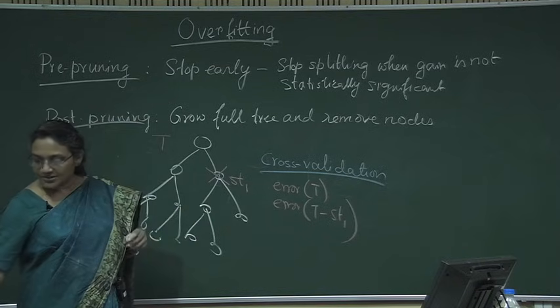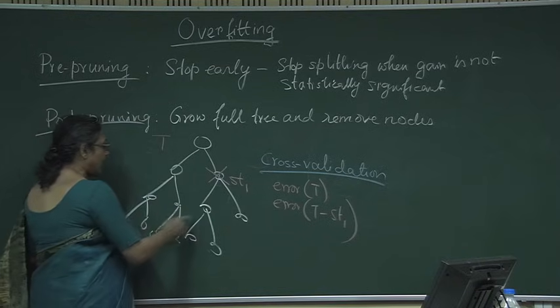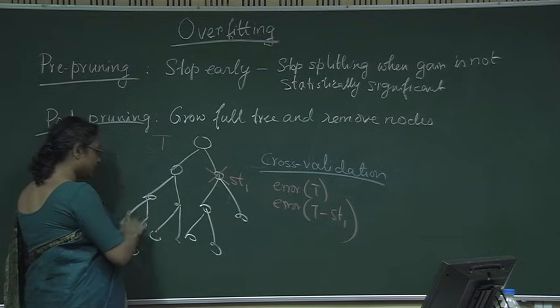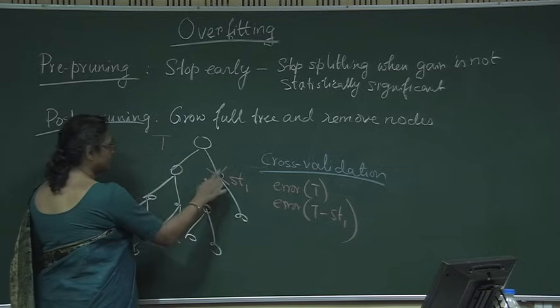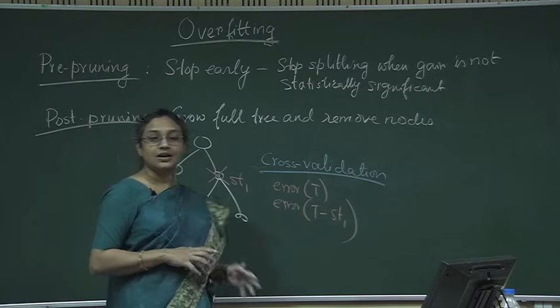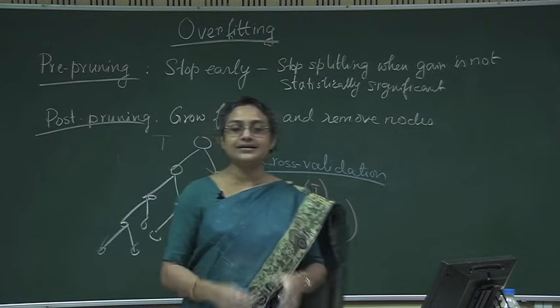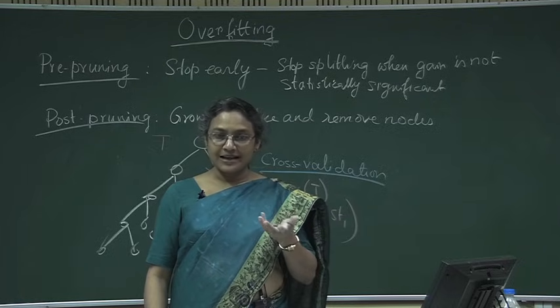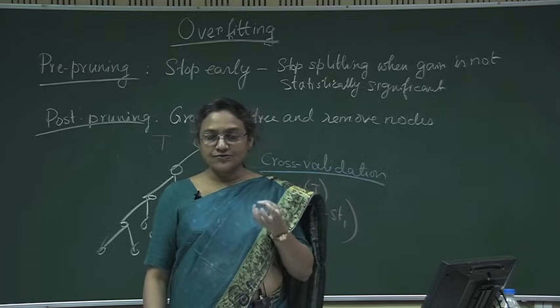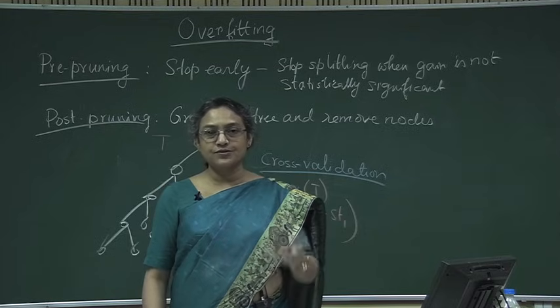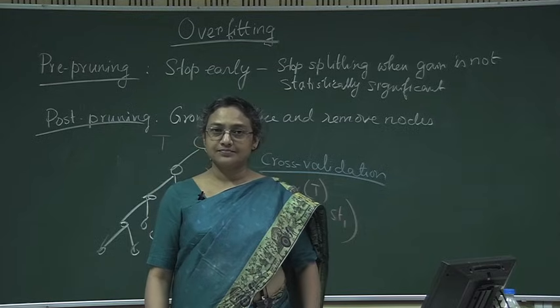Now, when you have a decision tree, any internal node is a candidate for removal. You can remove this node, this node, this node, or even this node. These are the different candidate subtrees for removal, and among them you want to find those subtrees whose removal improves the test error.